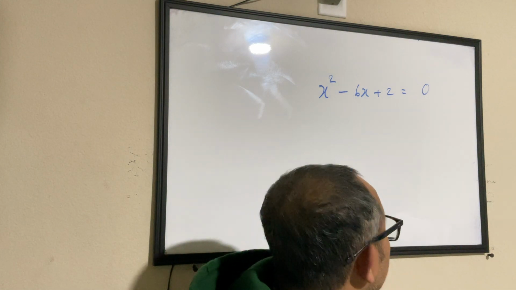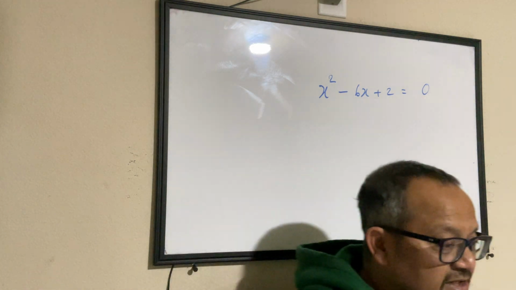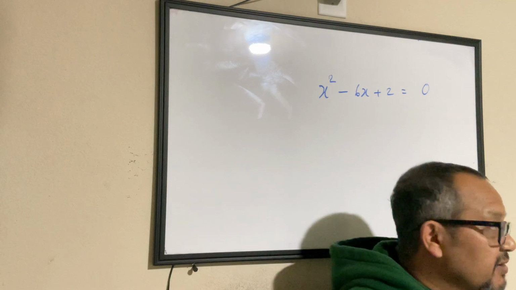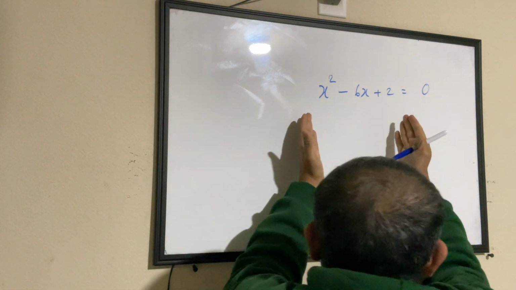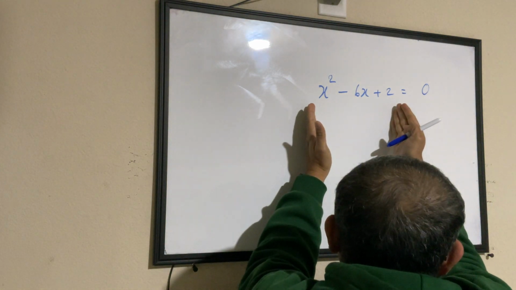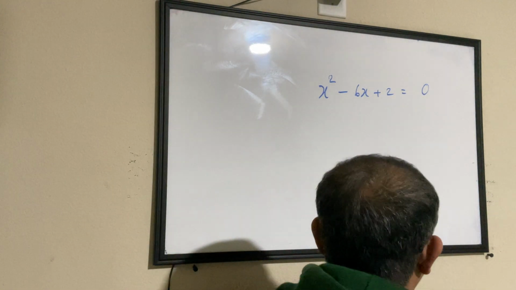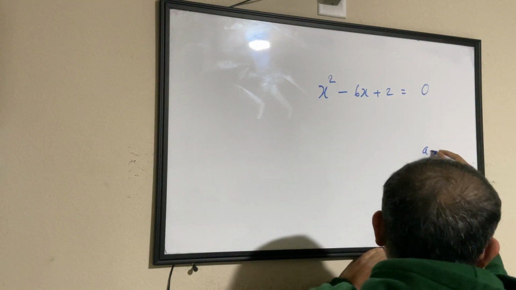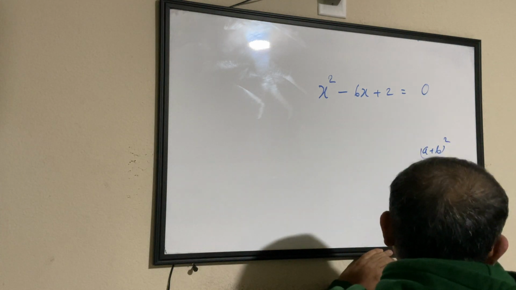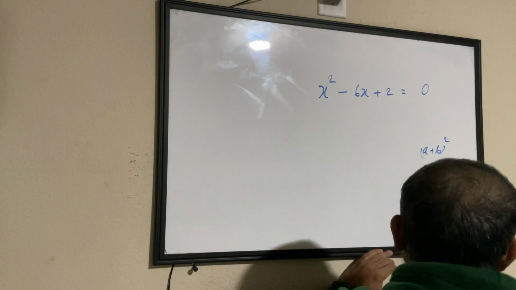There is a fourth method, which says you can complete the square. What does it mean? It means that whatever you have in the quadratic equation, you can convert that into the standard formula form, a plus b whole square or a minus b whole square. And how do we do that?